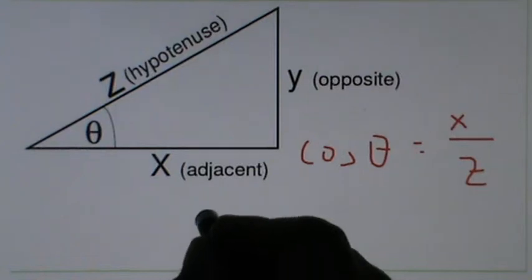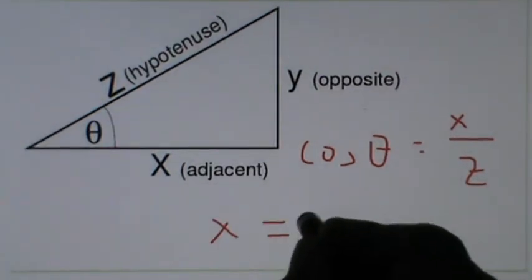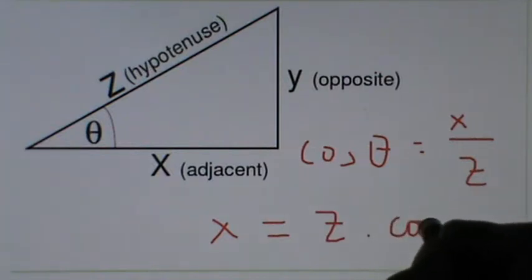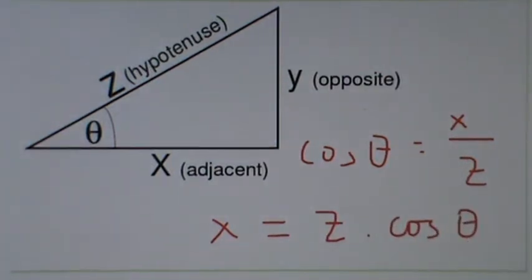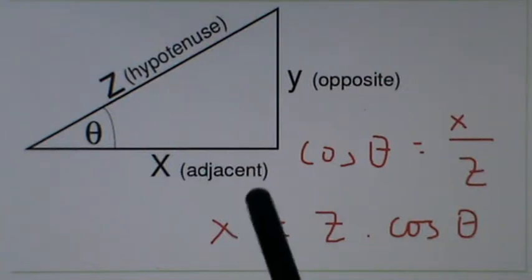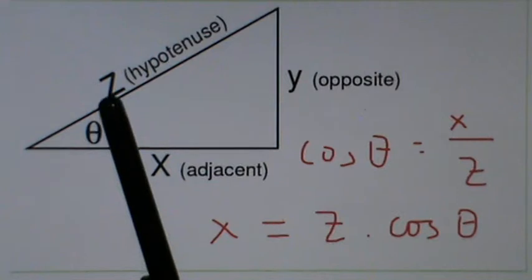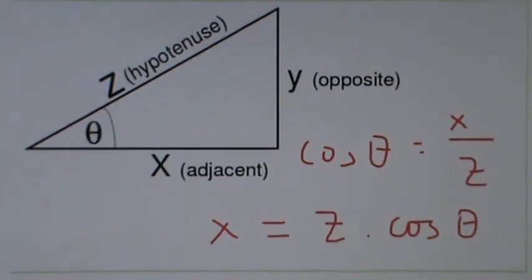So x here is equal to z times cosine theta. Therefore, we can always use this relation to find the value of y or the value of x by using z and sine or cosine theta.